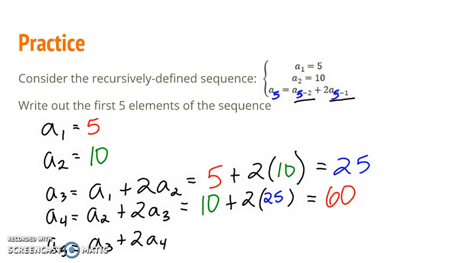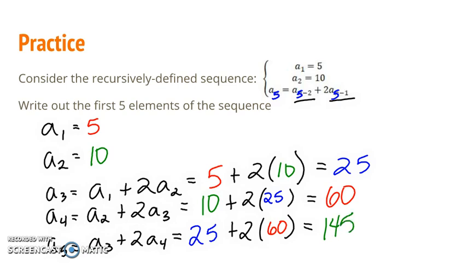So a sub 5 equals a sub 3, which is 25, plus 2 times a sub 4, which is 60. 2 times 60 gives me 120, plus 25 gives me 145.